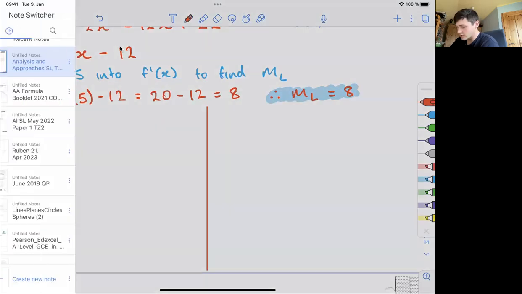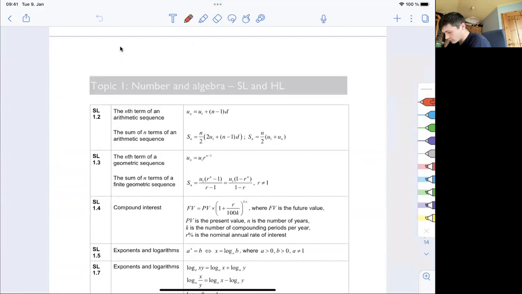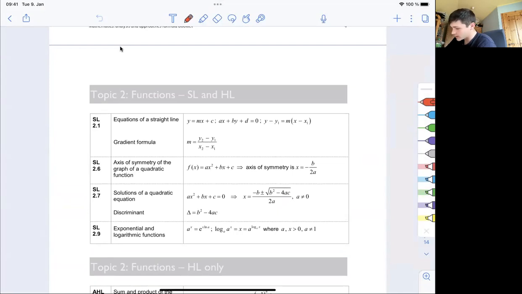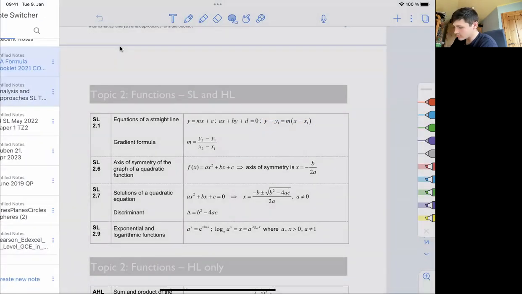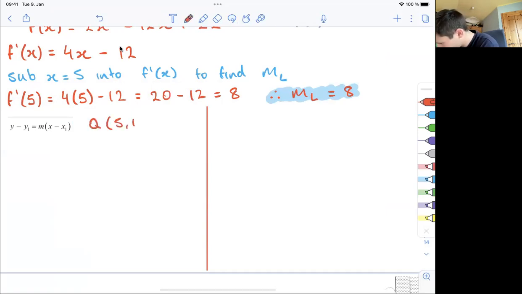So if we come back to the formula booklet, it's down here. This point gradient formula here: y minus y1 equals m multiplied by x minus x1. So I'll bring that over. If we were to use that, we have L, so the gradient m of L is 8, and Q is (5, 12).